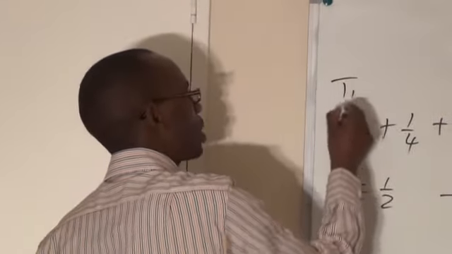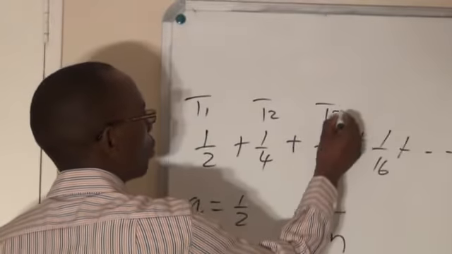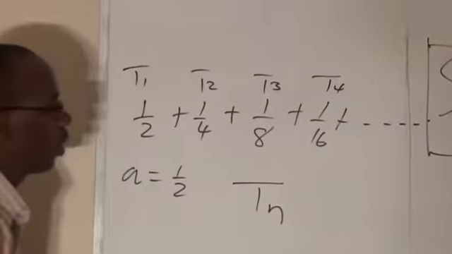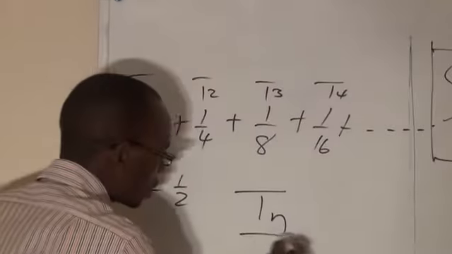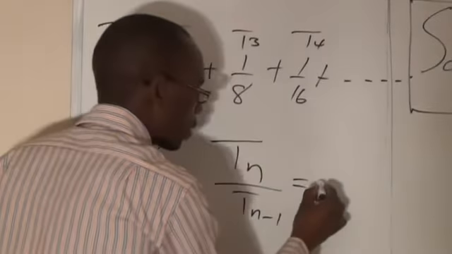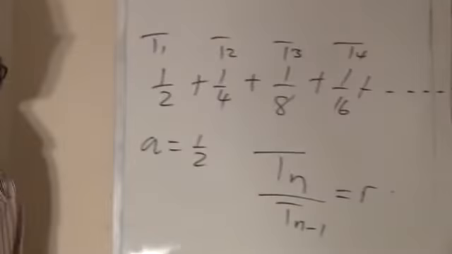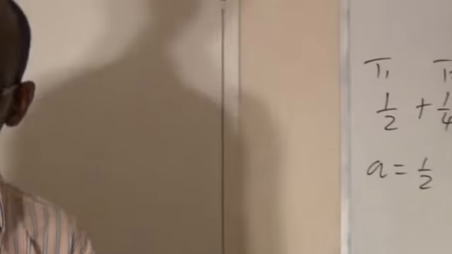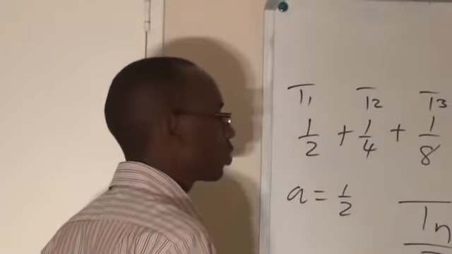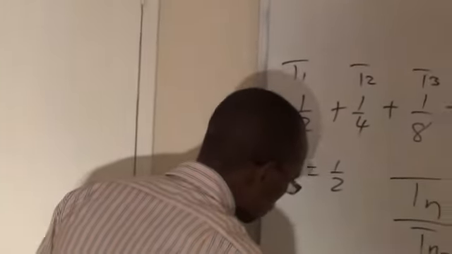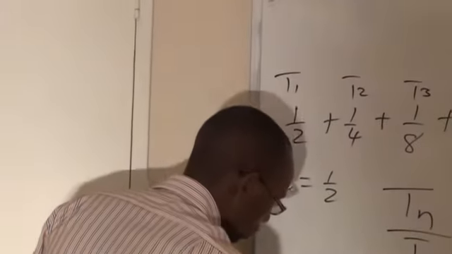Obviously this will be term 1, this will be term 2, this will be term 3, this will be term 4. Okay? Tn over Tn minus 1 should give us our common ratio if for sure we are sitting with a geometric progression. Agreed? Good.